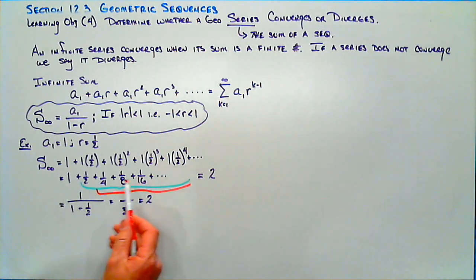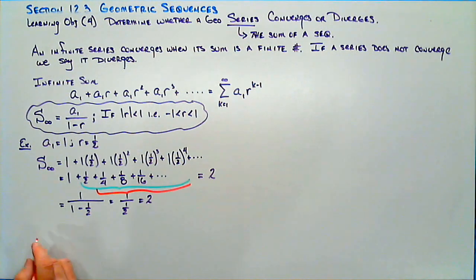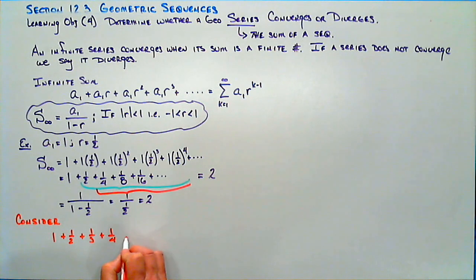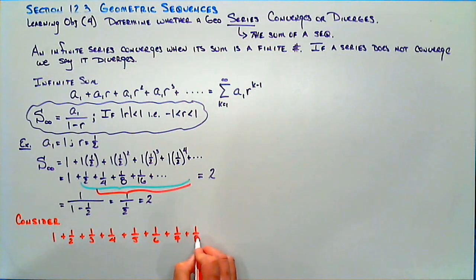Now, this geometric sequence adds up to 2. This is not geometric, right? But consider a sequence that looks like this. 1 plus 1 over 2 plus 1 over 3 plus 1 over 4 plus 1 over 5 plus 1 over 6 plus, I think you got the pattern here, 1 over 7 plus 1 over 8 plus, right?